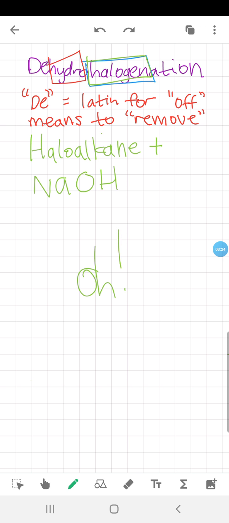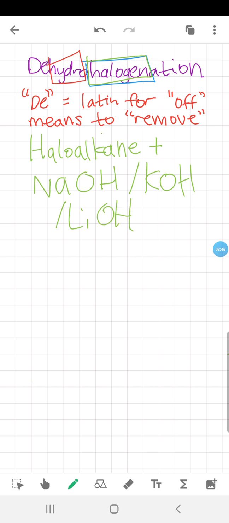If I was feeling polite that day, I would say, oh. I would scream, oh. And your strong bases contain this OH group, which looks like the word OH in uppercase letters. So that's how you're going to remember that the base has to contain an OH group. Because you can also use potassium hydroxide or lithium hydroxide, but it has to have that hydroxyl group.